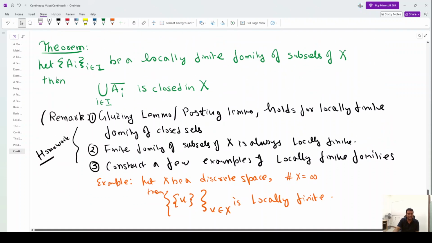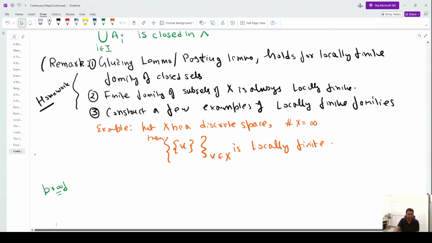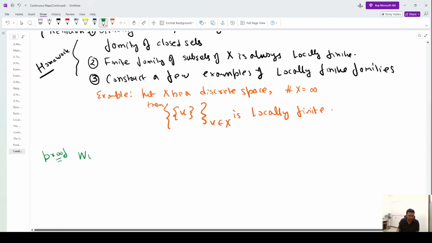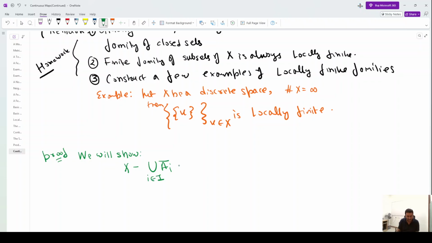So you have to show this is closed, so I will show its complement is open. So we will show that X minus the union over i in I of the closure of A_i, let's call it V, is open in X. And we will be done, right?